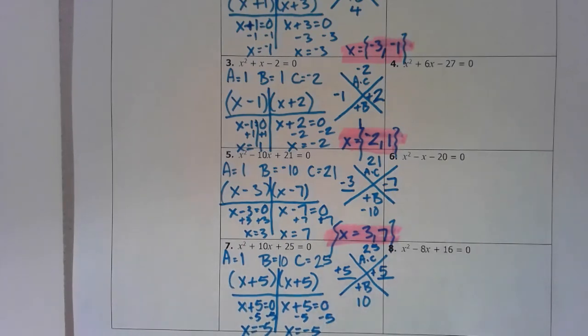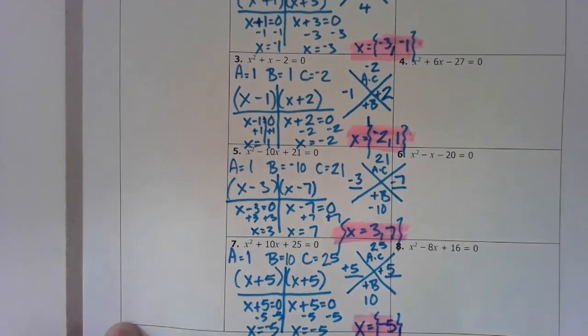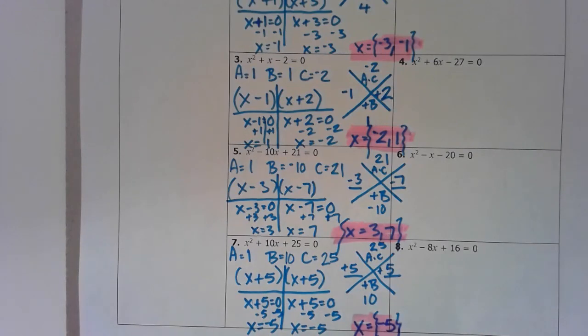Now, since we have the same answer here, we don't actually have to write it twice. We can just do x equals little squiggly line here, -5, and our other little squiggly line here, -5. And I had just enough space to squeeze that in here on the screen. So that worked out pretty nice for us.